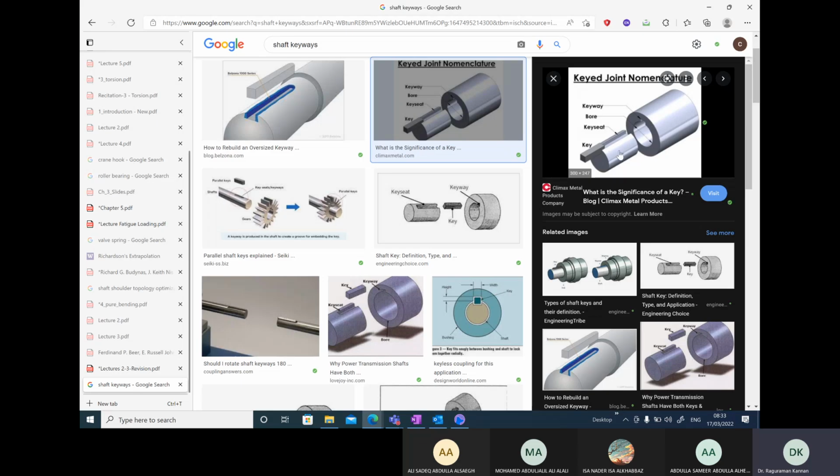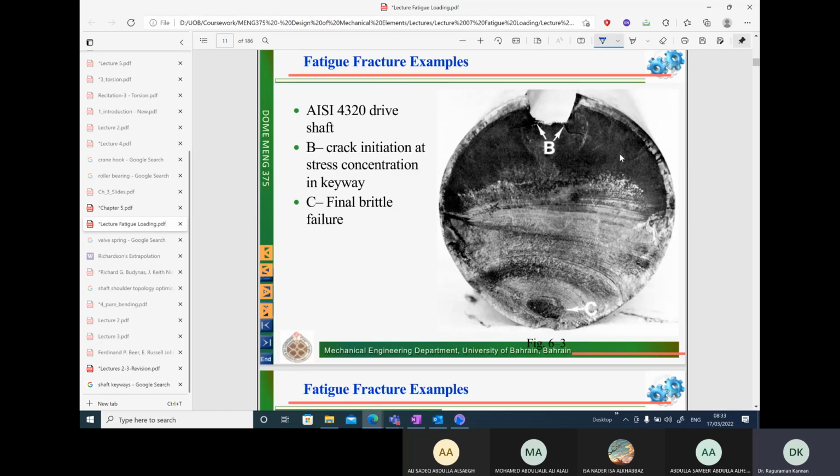So most of your shafts will have the keyways. But the presence of the keyway leads to stress concentration effect, and you can see crack being propagated here. So this is the crack initiation area.